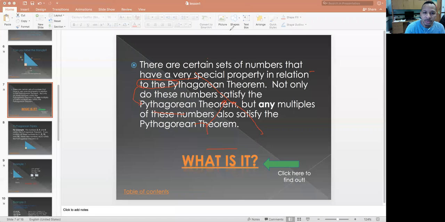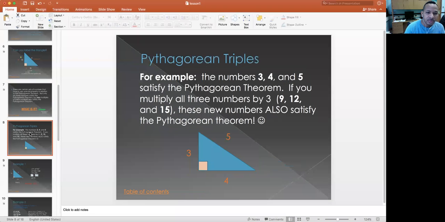Let's just take some of this off. There are certain sets of numbers that have a very special property, and these are what we will look at next. These are the triplets, or the Pythagorean triplets. So we talked about the 3, 4, 5 triangle a few minutes ago, and of course, any multiple of all three.